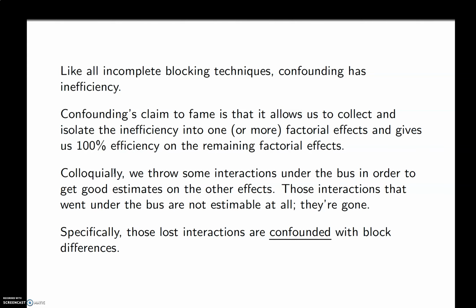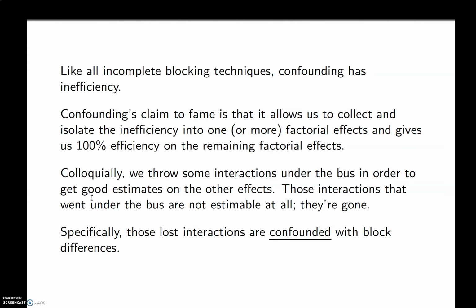Those interactions that get thrown under the bus, we don't estimate them at all. We accumulate them together. We use them to better control experimental error in the experiment, and have a better test for the estimates that we do want to focus on. We say that these interactions are lost because they are confounded with block differences.